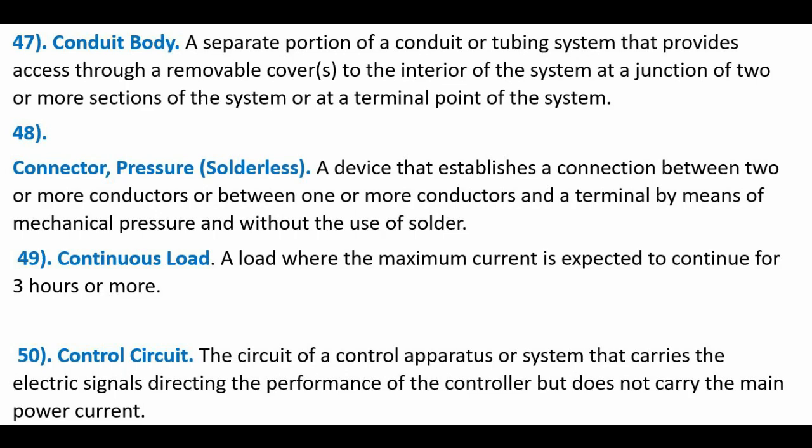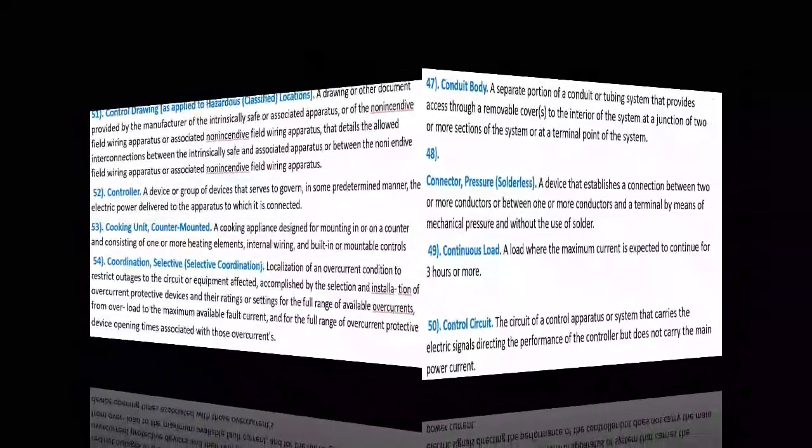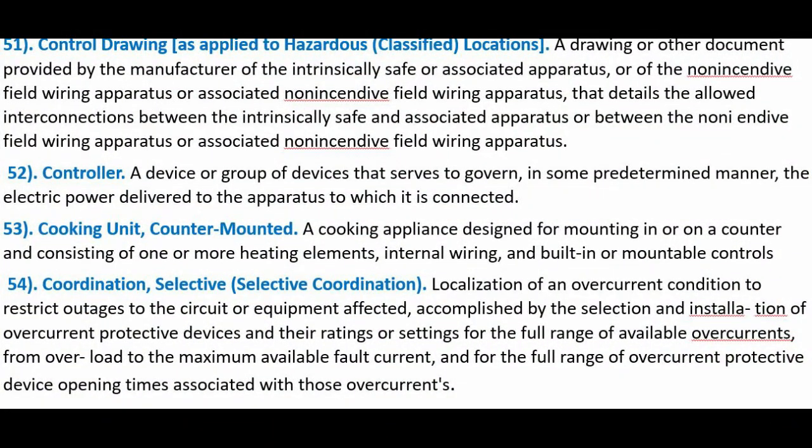50. Control circuit. The circuit of a control apparatus or system that carries the electric signals directing the performance of the controller but does not carry the main power current. 51. Control drawing, as applied to hazardous, classified, locations.